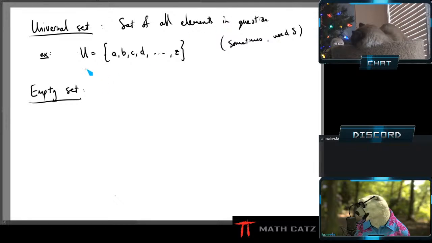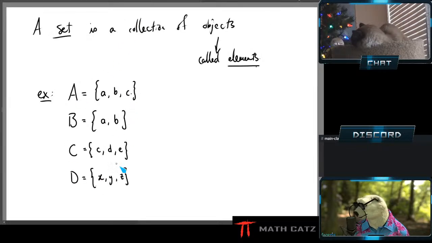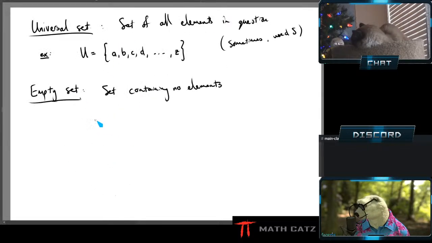You still need the concept of everything and nothing. This is simply the set containing no elements. It's empty. So it doesn't really matter what our example is. It's irrelevant because it won't contain anything.